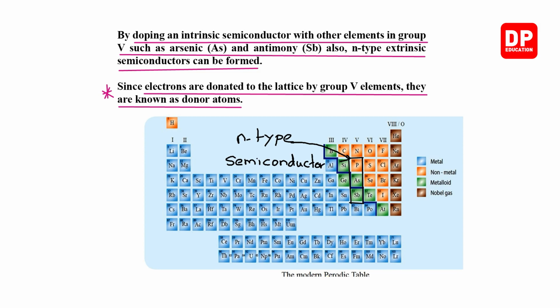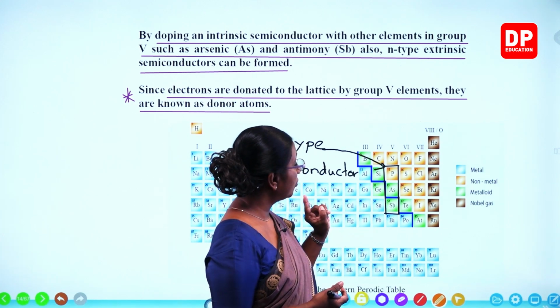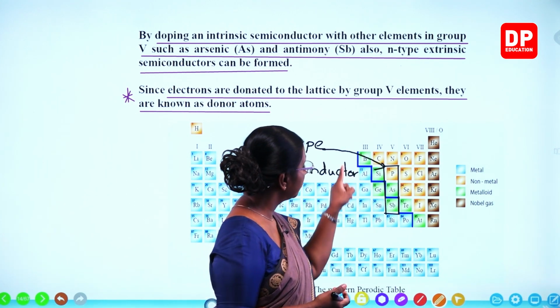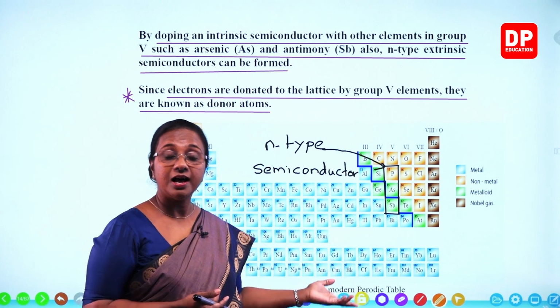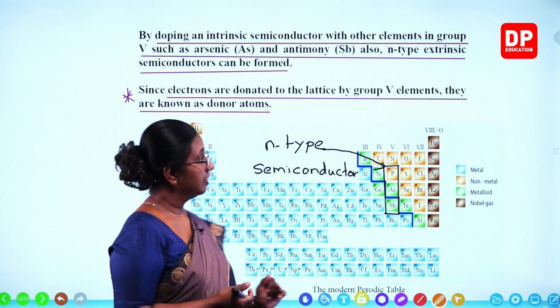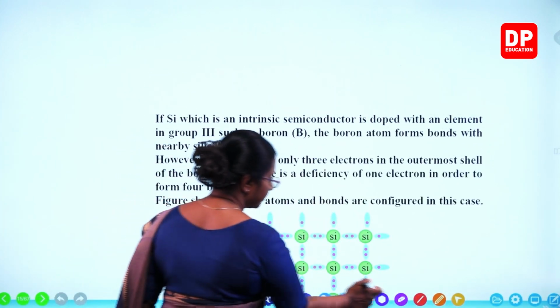So now in the next slide, we will see how we can dope the group 4 silicon or germanium with a group 3 element like boron. That is what I will discuss after this. Here you can see, if silicon, which is an intrinsic semiconductor, is doped with an element in group 3 such as boron, the boron atom forms bonds with nearby silicon atoms.